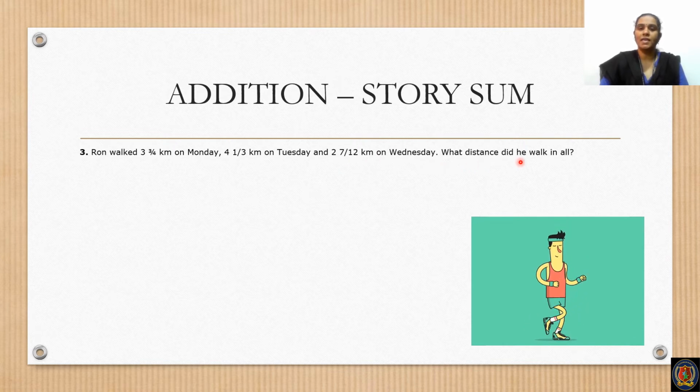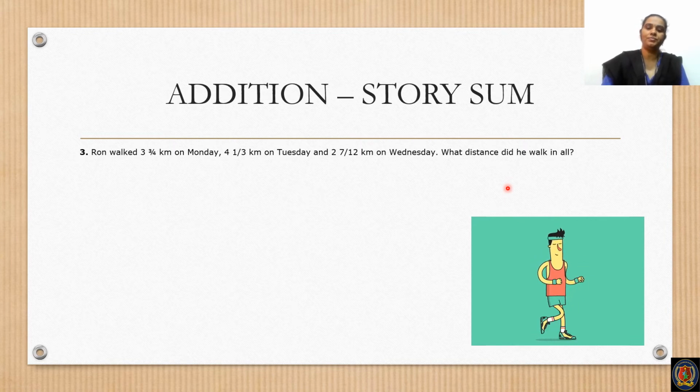What distance did he walk in all? The distance he walked on each day is given. We need to find the total distance he walked for these 3 days. What is the operation that we have to use here? We need to add.